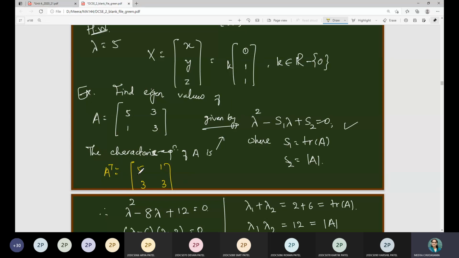You can see that after transposing, the diagonal elements do not change their position. Therefore the trace of A will also be the same. As well, the determinant of A transpose is the same as the determinant of A. Therefore the characteristic equation will remain the same, so the roots will also be the same, and therefore the eigenvalues are also the same.